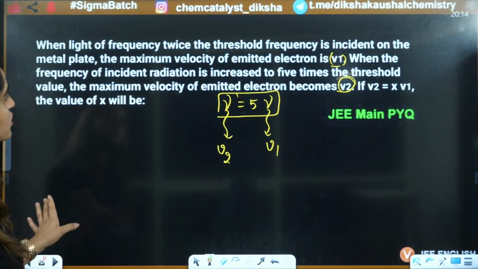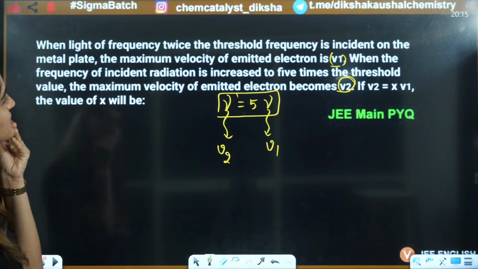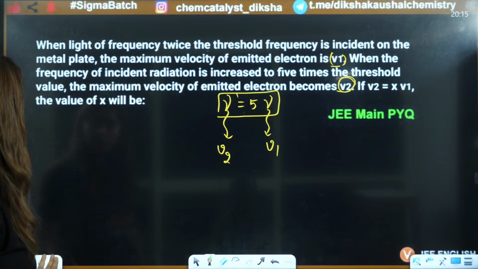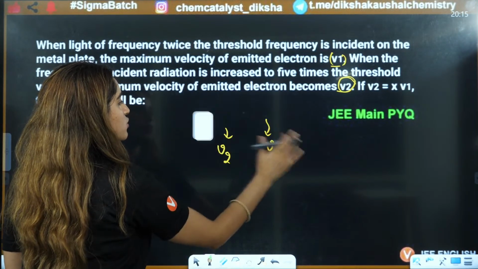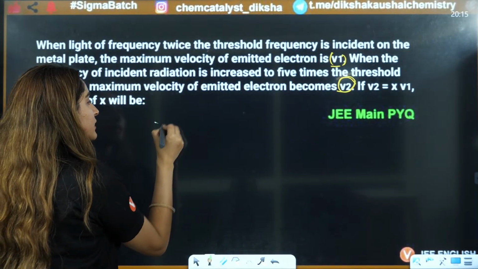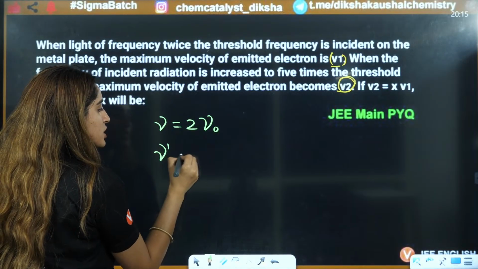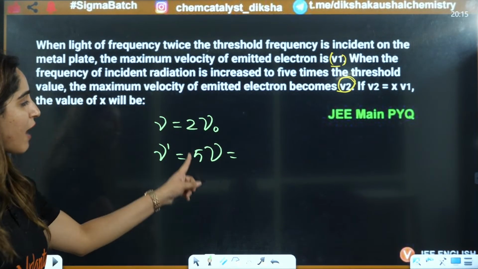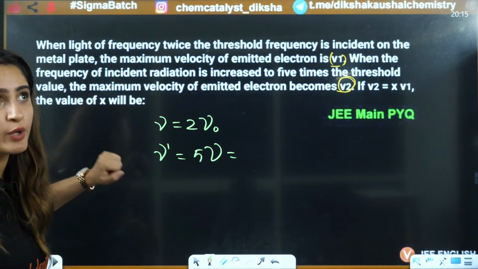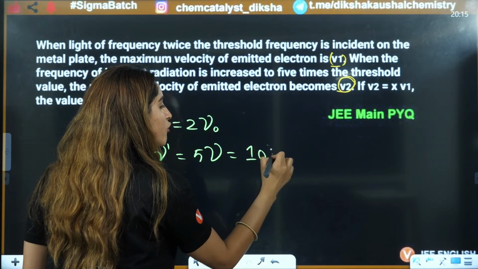When the light is of frequency twice the threshold frequency, mu is equal to 2 mu naught, and mu dash is equal to 5 of mu, that is given in the question, 5 times the initial frequency of 2 mu naught, so it will become 10 mu naught.